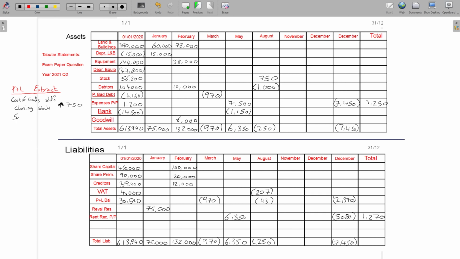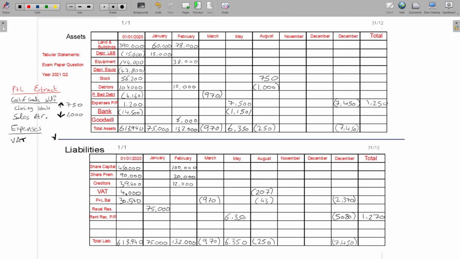Or sales returns, which is also in cost of goods sold, is going to reduce the value of my P&L. So then in your expenses, well, funny enough, it's going to be whatever VAT is, so it being an expense is going to decrease.